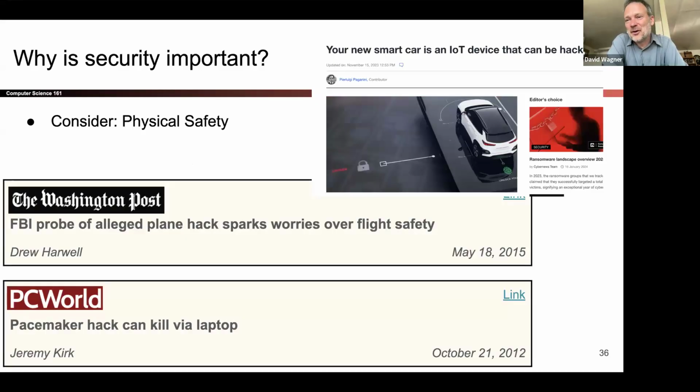So, some examples of where this might matter in your life. If you have a self-driving car and that car gets hacked, boy, that could be really bad for safety. Researchers have demonstrated the ability to hack into cars, not just self-driving cars, but pretty much every modern car has probably more than 100 computers in it, controlling all aspects of stuff.